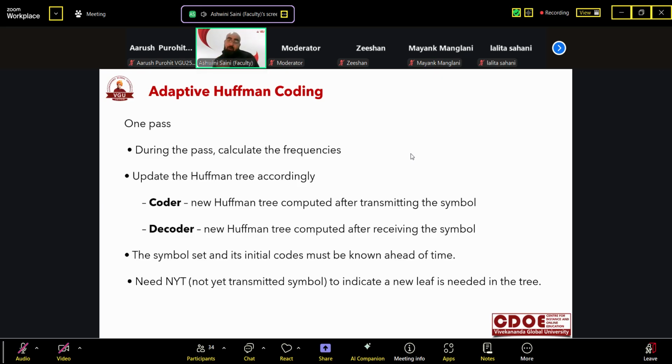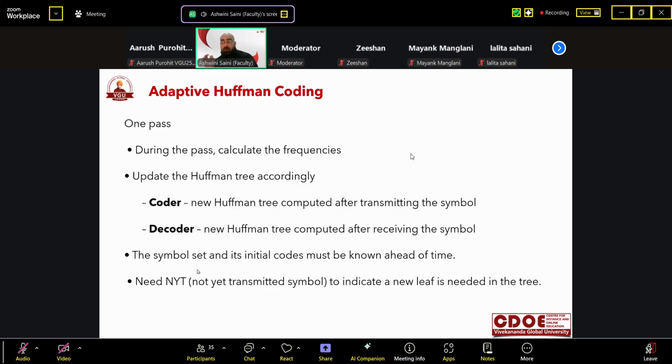What was the Hoffman property? The Hoffman property was saying that each and every time whenever a pass is completed, we check whether all the nodes are in ascending order or not. If they are not in ascending order, we swap the nodes, higher on the right side and lower on the left side. On each pass, we have to do that. And here we have the much needed thing: the symbol NYT.